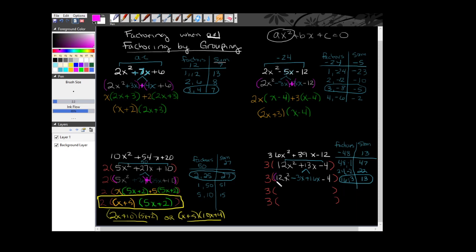Now I set up my parentheses, ensuring that I have a plus between them. And then I factor out the GCF of each. So between 12x squared and negative 3x, I know I can factor out a 3x. That leaves this first parentheses with 4x minus 1.